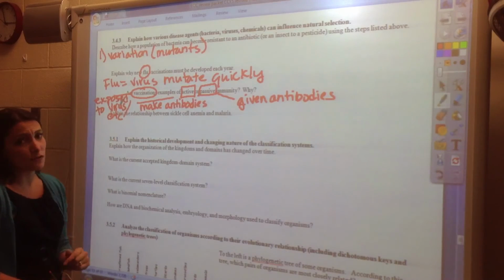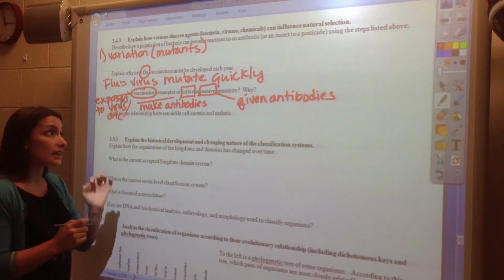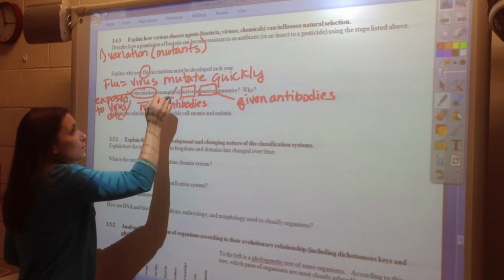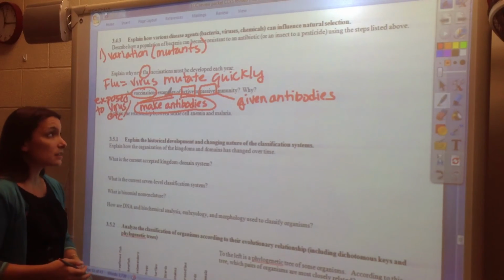Remember, if I give you the virus, your white blood cells will attack it and make these little tags. So vaccines are an example of active immunity because your body will actually make antibodies for it.